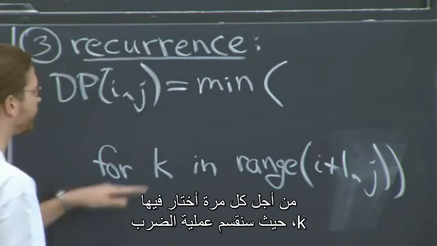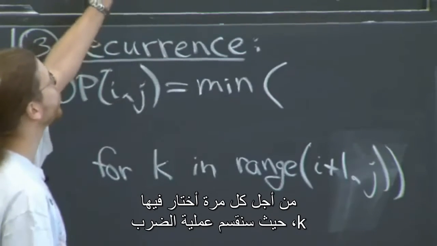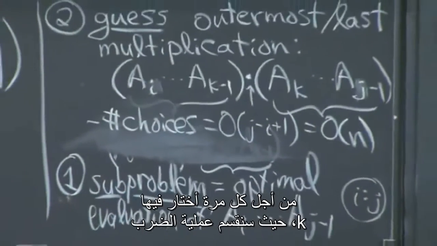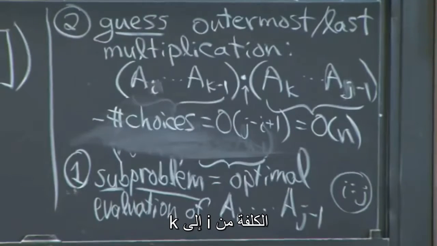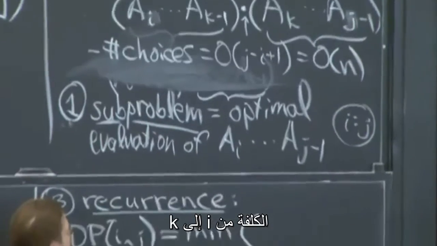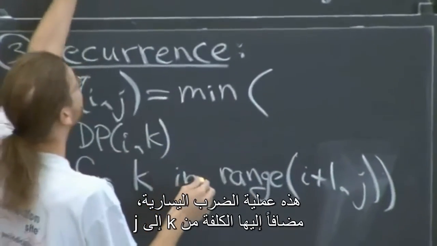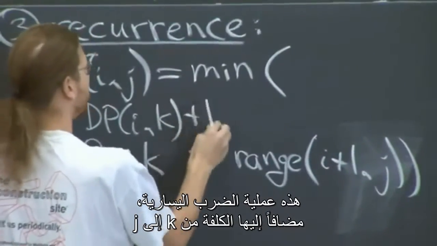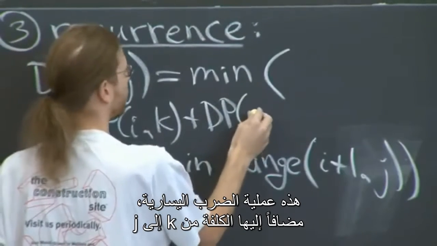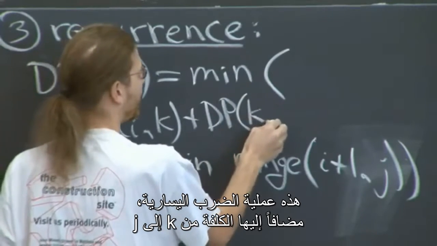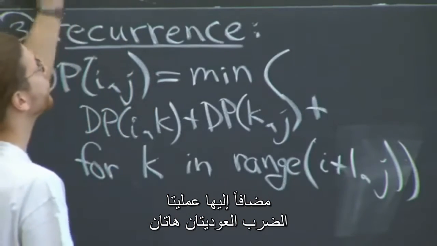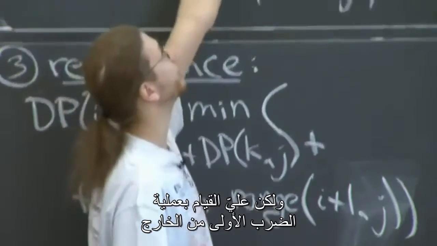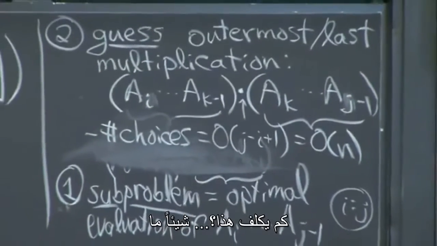Once I choose where k is, where I'm going to split my multiplication, I do the cost for i up to k, that's the left multiplication, plus the cost for k up to j. Those are the two recursive multiplications, but then I also have to do this outermost one. So how much does that cost?